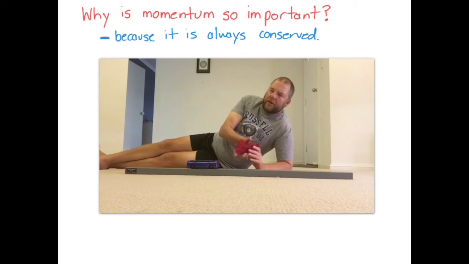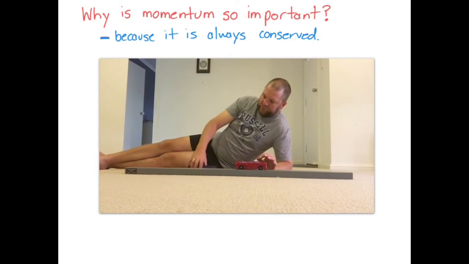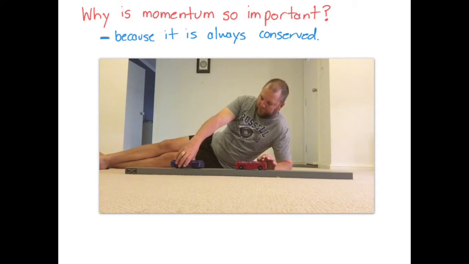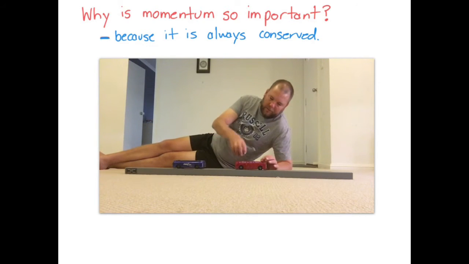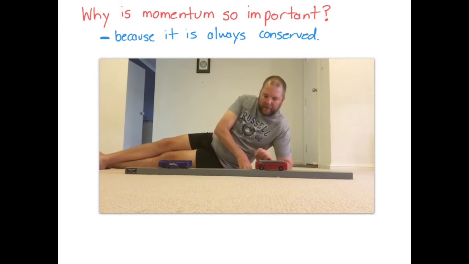When we do some stuff later on in the year on radioactivity and particle physics, it's quite interesting what happens when large and small particles collide. And we can simulate here. So now we've got what's called an elastic collision, so they're going to bounce off each other like that.